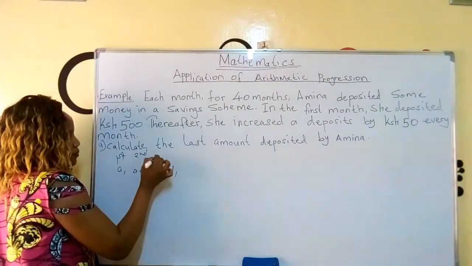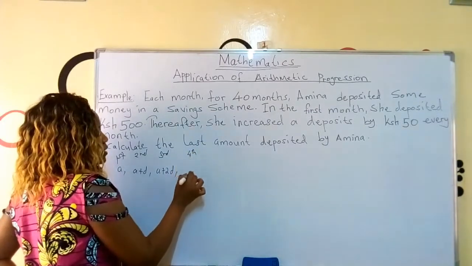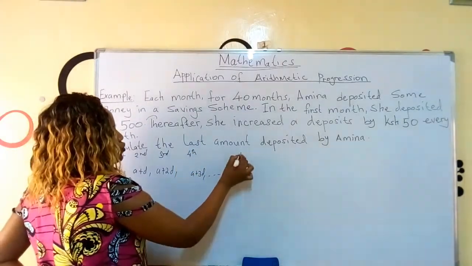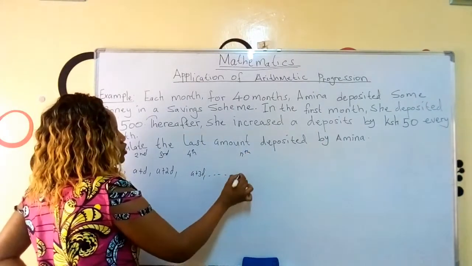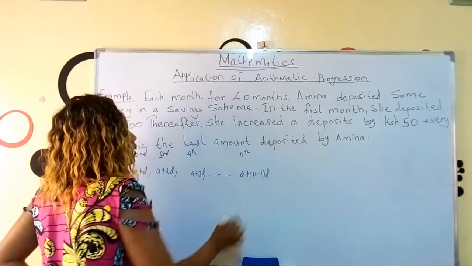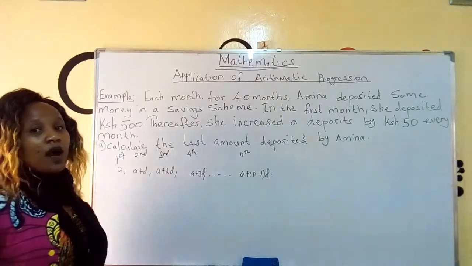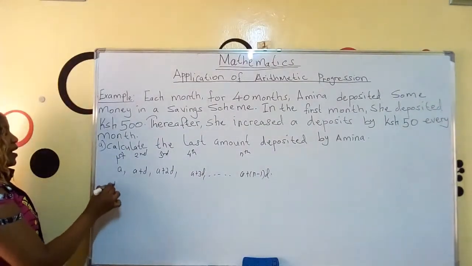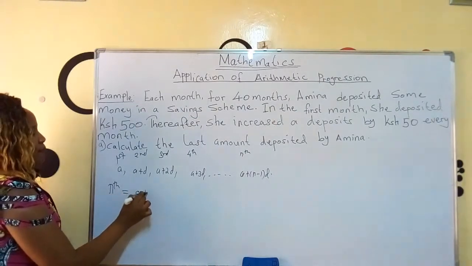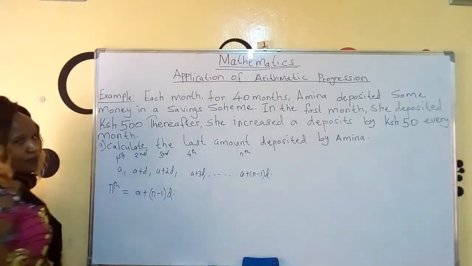The fourth term is A plus 3D, all the way to the nth term, which is A plus n minus 1 multiplied by D. So we all know that the nth term of any arithmetic progression is A plus n minus 1 D.